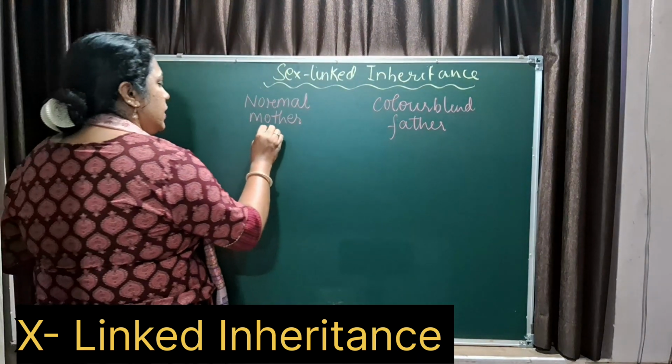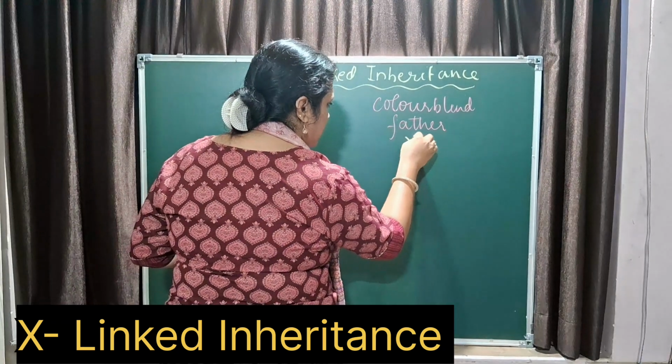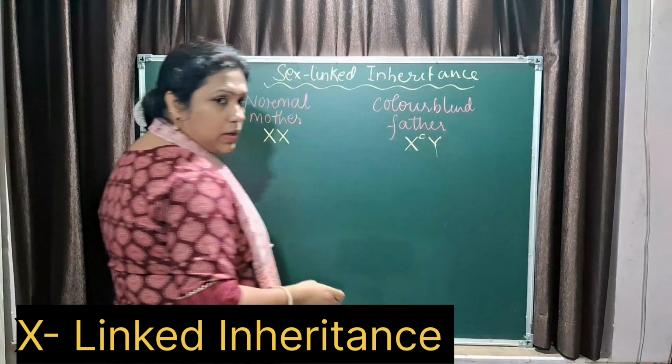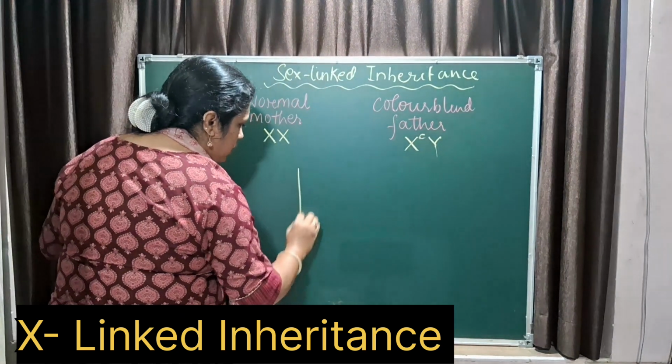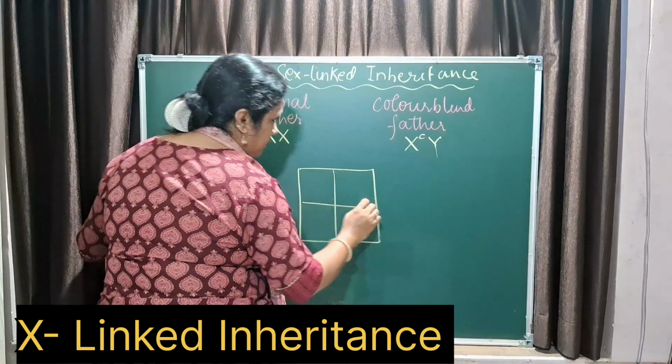Now, normal mother means X and X chromosome and colorblind father means XCY. Okay. So, let us draw the Punnett square to find out the possible combinations.